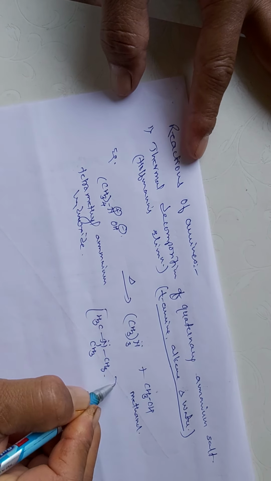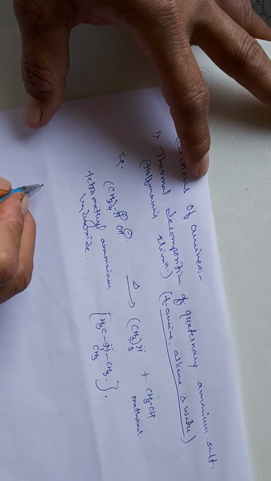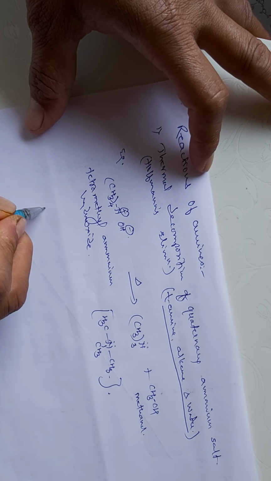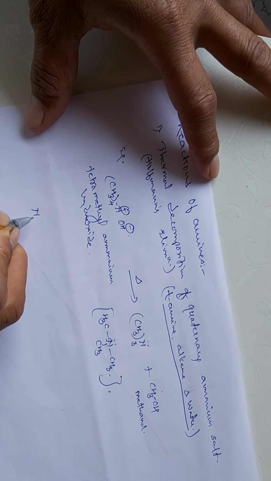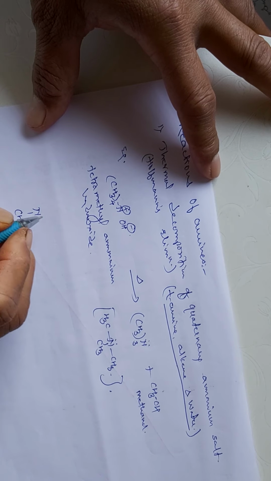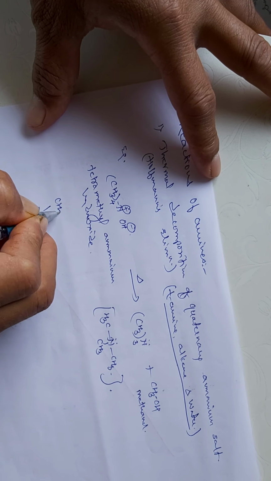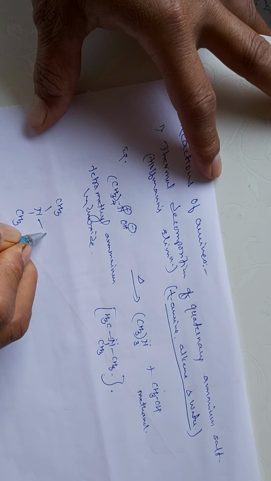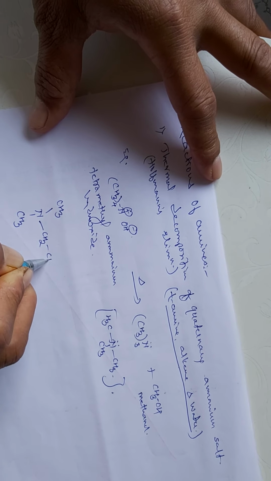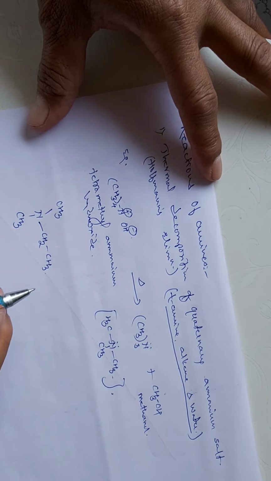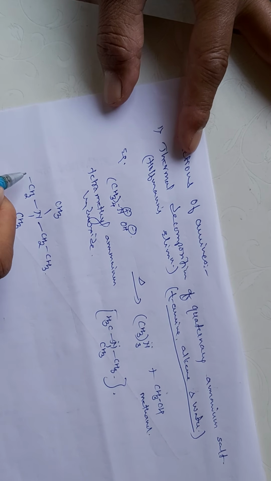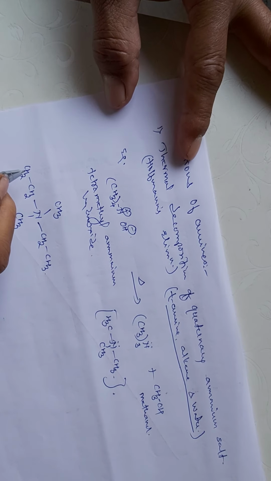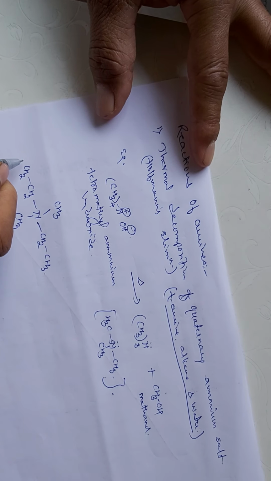For another example of a quaternary ammonium salt, suppose here CH3, CH3, here CH2CH3, and here CH2CH2CH3.